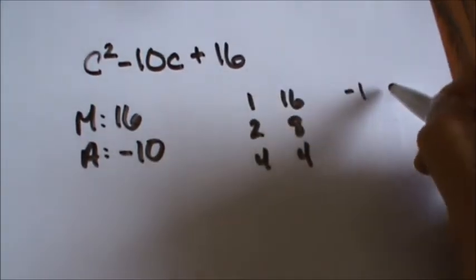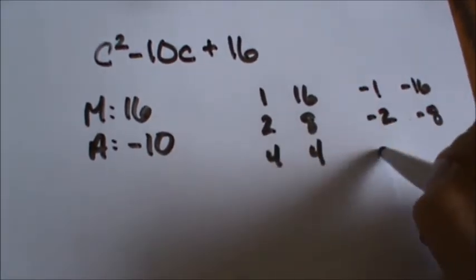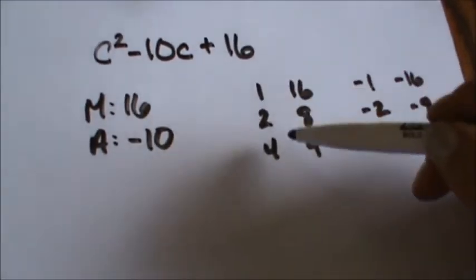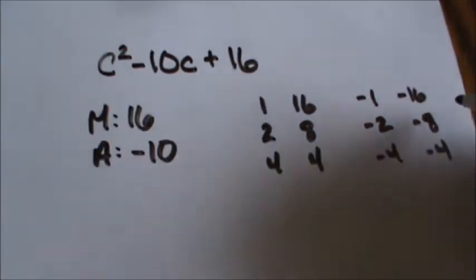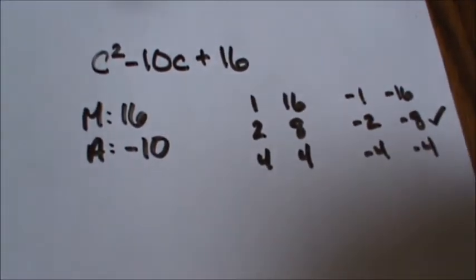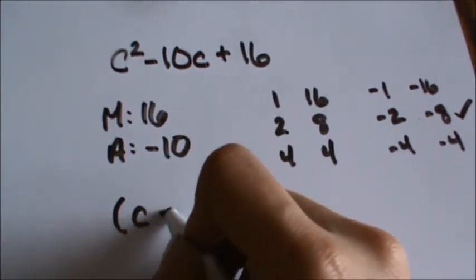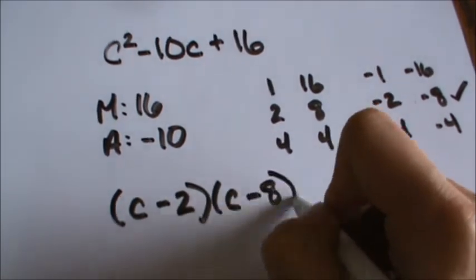Now I also know that all of their negative counterparts would also be possibilities. Now, of these 6 pairs of numbers, which have the sum of negative 10? Right there. Negative 2 and negative 8. That means in my final answer I have c minus 2 times c minus 8.